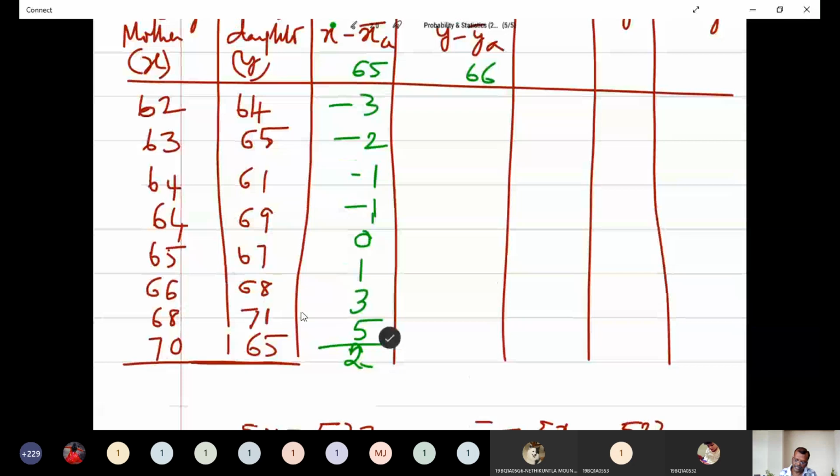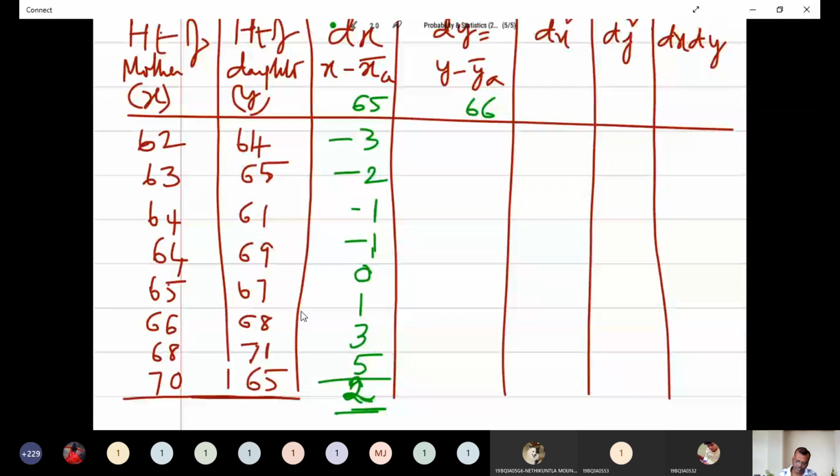Next, coming to dy. dy is equal to 64 minus 66, minus 2. 65 minus 66, minus 1. 61 minus 66, minus 5. 69 minus 66, 3. 67 minus 66, 1. 68 minus 66, 2. 71 minus 66, 5. 65 minus 66, minus 1.